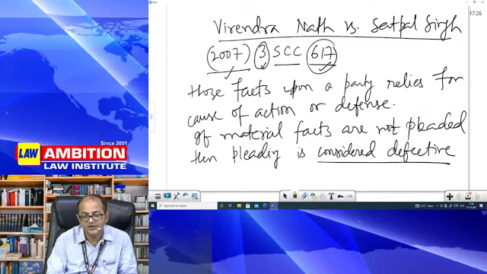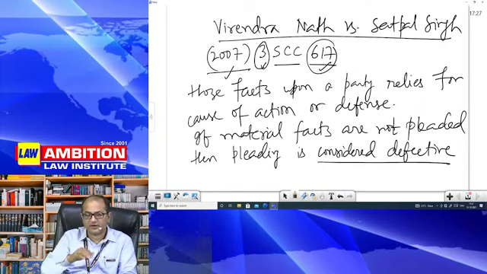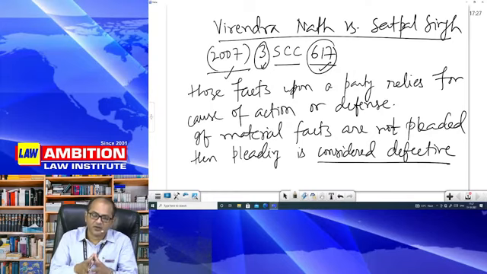there is omission to state material facts. If a question comes before you as a judge or as a lawyer, that there is omission to state material facts, because see, in India, literacy is little less, the legal literacy is even lesser. So there may be situations where some people in far remote areas, where they are not exposed to such legal acumen and knowledge, might draft a pleading or plaint which may not consist of material facts.